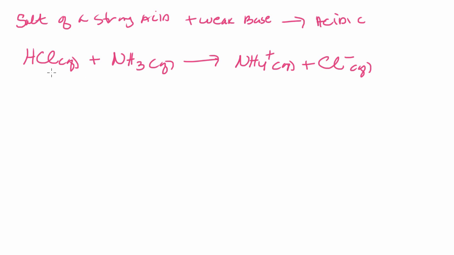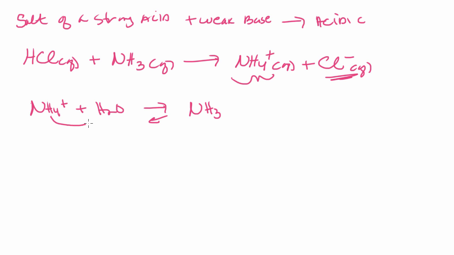So we know the chloride ion is not going to react with water, but the ammonium ion will. And this is how that would work. Ammonium ion plus water. And we're going to end up with ammonia. This proton is going to be picked up by the water. So we'll end up with ammonia plus hydronium ion. So here we have an acidic solution.